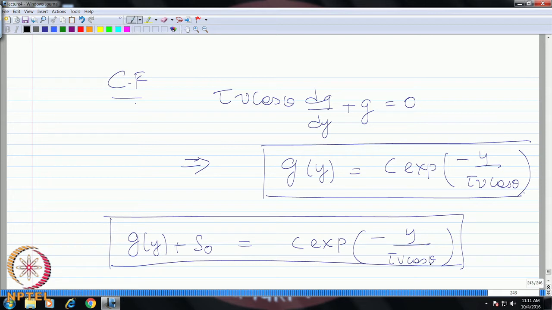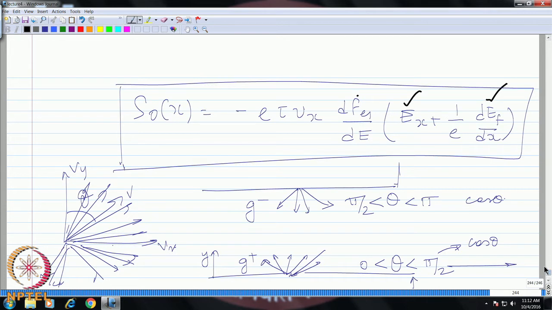Okay. So, it is carrying therefore, both the directional coordinate as well as the physical coordinate. So, if you want to break this down into the transport of electrons going in the positive y direction and the negative y direction. Okay.